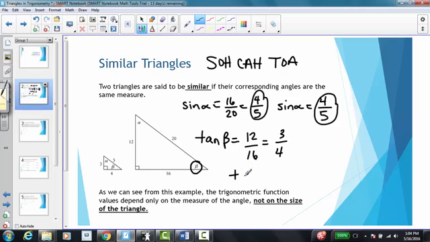Now if I look at the tangent of beta for my smaller triangle, I have opposite, which is 3, and adjacent, which is 4. So again, I get the same answer. I get 3/4 no matter if I'm looking at the big triangle or the small triangle. And we can use any of these trigonometric values, sine, cosine, tangent. It doesn't matter. The angles are still going to equal the same thing.